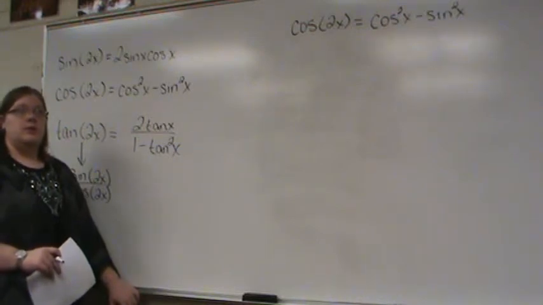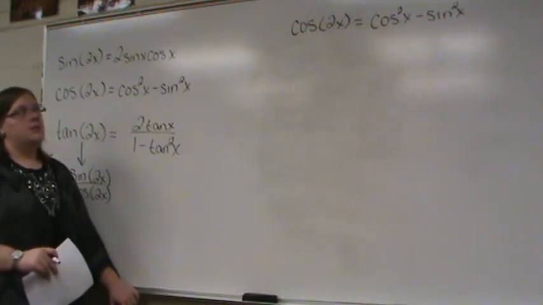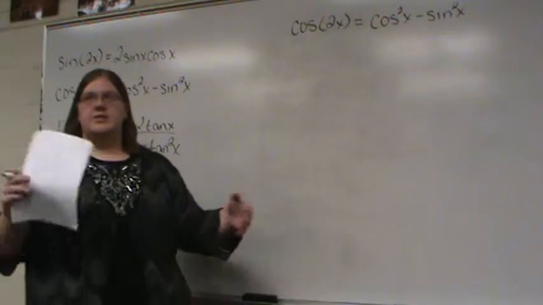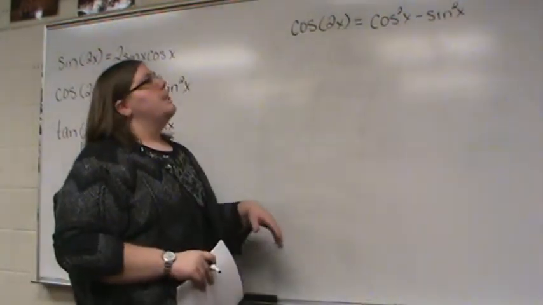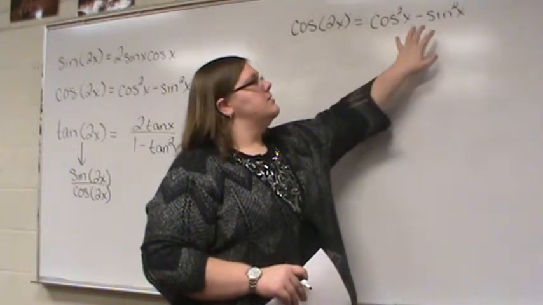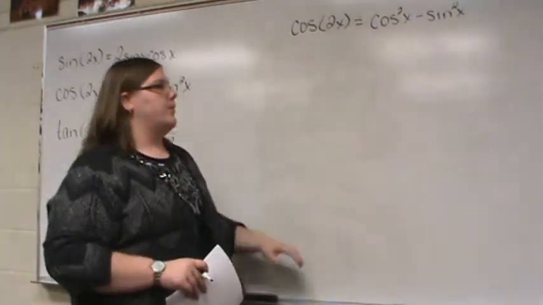So what? The 1 over cosecant? So, alright, you guys are kind of just throwing out ideas, which is good. I'm looking at this side. Are there specific parts of this side that we could rewrite?